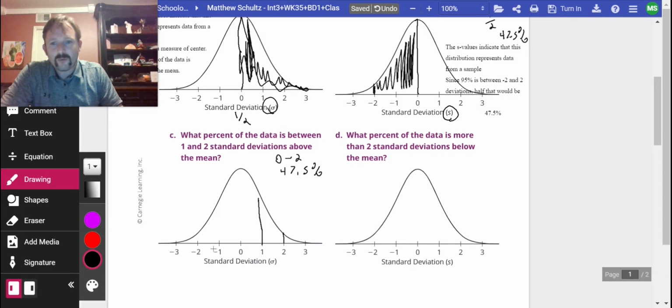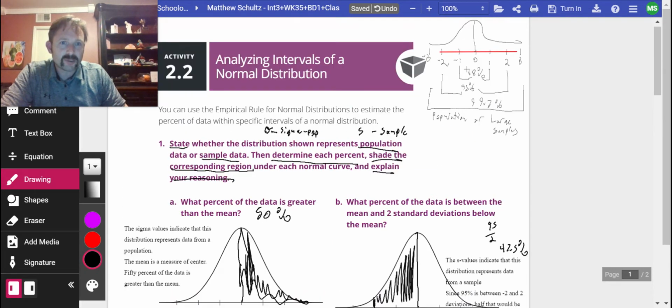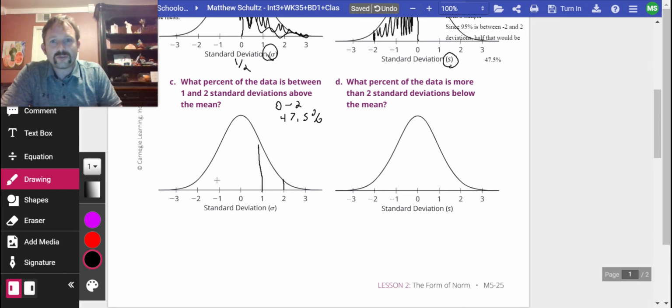From -1 to 1, that would be 68%, remember? So half of that would be 34%. So I'm going to have 34% here, and between 0 and 2 is 47.5%, so I'm going to subtract 34%. Let me shade this in. This is going to be 13.5%.